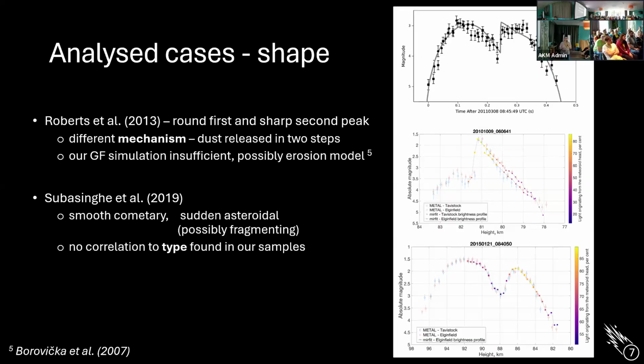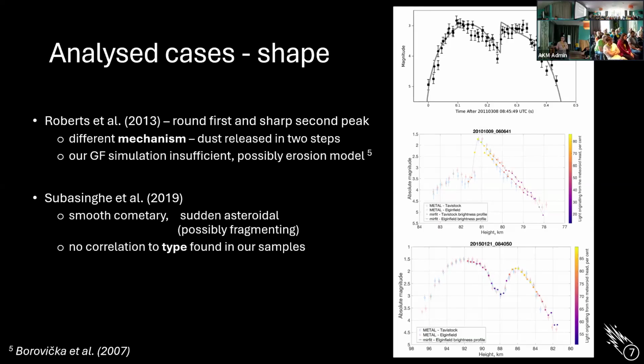And the other approach was by Subasinghe and colleagues, and they noticed that yes, there were light curves that had a really sharp peak, and they usually belonged to asteroidal material, and the smooth ones belonged to cometary. This really didn't work in our samples.